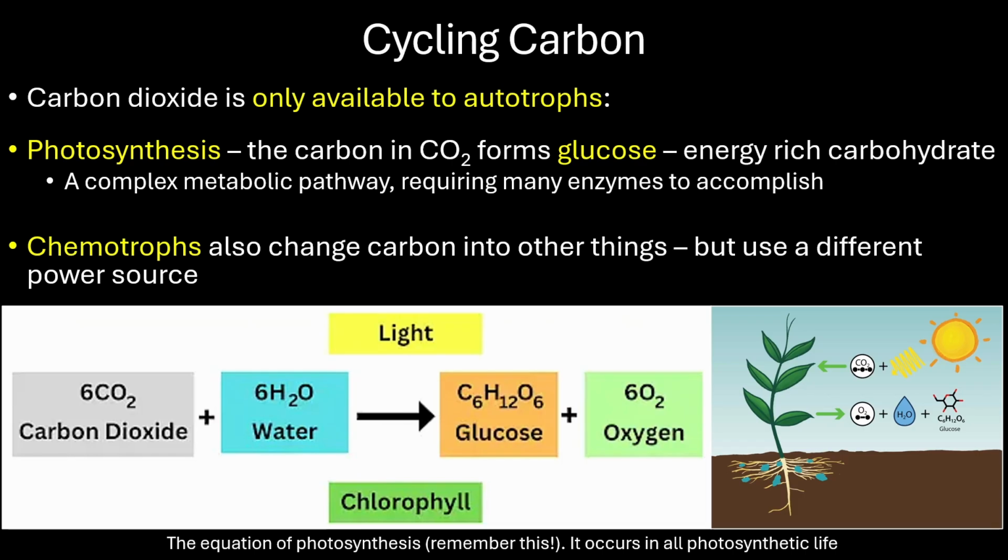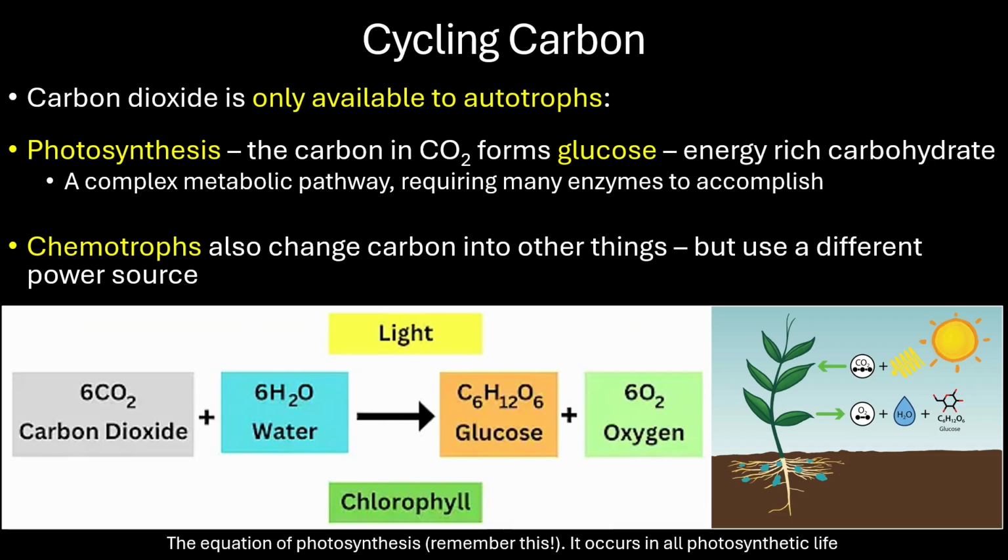When you breathe carbon dioxide, you aren't able to use it. In fact, you produce carbon dioxide and breathe it out because it's not useful to you. Only autotrophs are able to actually utilize carbon dioxide. And so the phototrophs that do photosynthesis are making a lot of use of this.